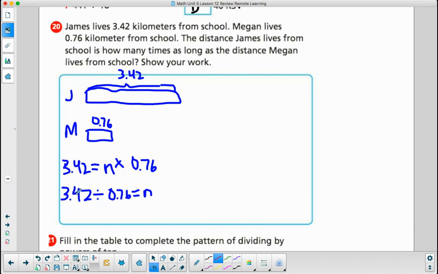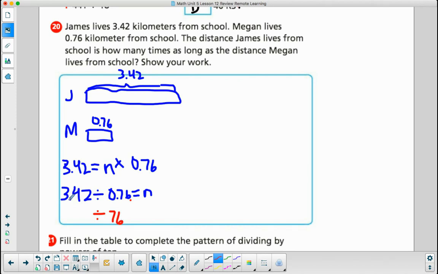Now, I know I don't want to divide by a decimal. So I'm going to multiply my divisor by 100 to make it 76.